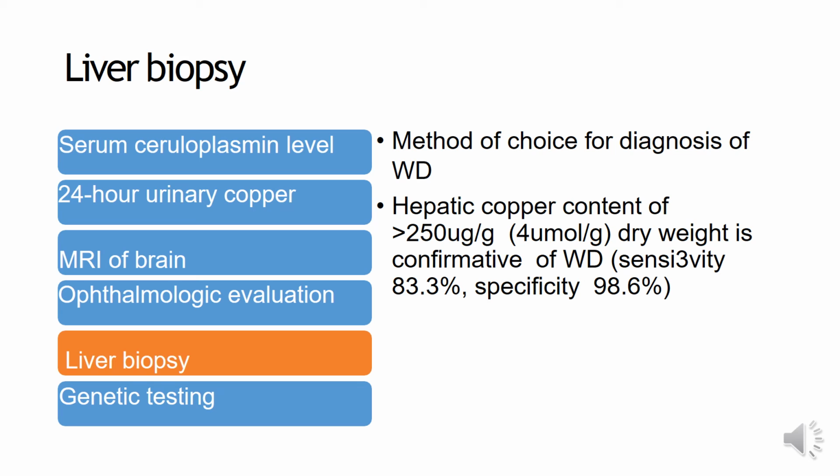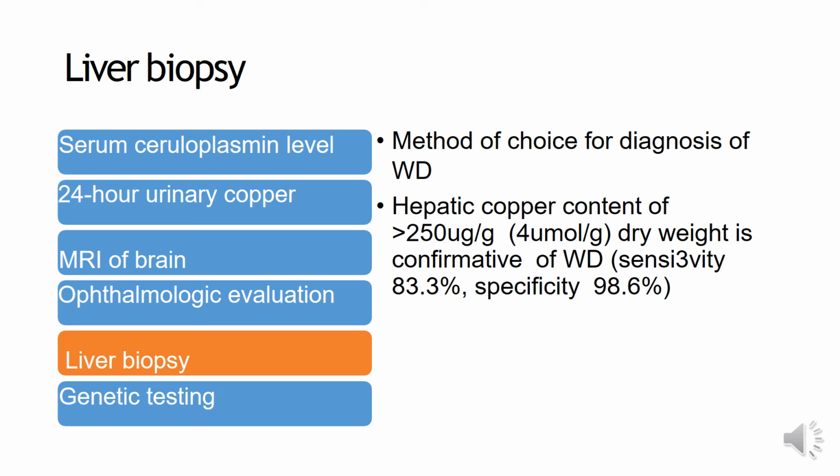This is a must in cases of portal hypertension if it has developed in Wilson's disease, because portal hypertension has a completely different line of management, and sometimes Wilson's disease patients can come with life-threatening hematemesis and portal hypertension as the first manifestation. So diagnosis of portal hypertension is important in these cases, right?